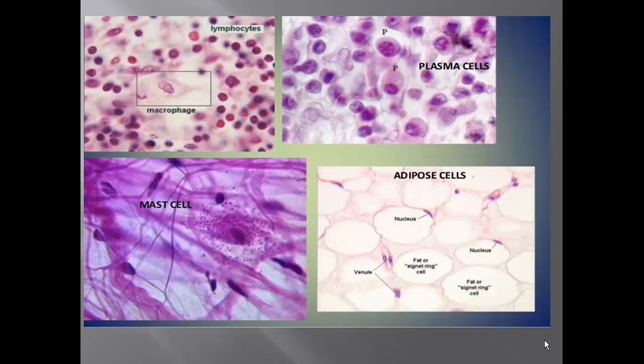Here in a general microscope picture, you see the plasma cell is a big cell with a nucleus that goes eccentric, to the edge of the cell, and adipose cells are big cells, with different pointers for mast cells and also macrophages.